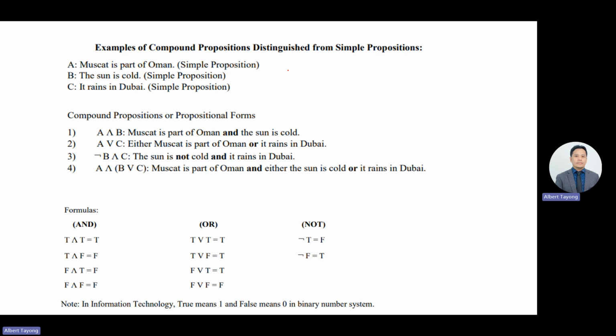So the first three sentences here are simple. Simple propositions mean that they have only one sentence. Okay? We cannot break it down into other sentences. So we use simple propositions to form compound propositions or propositional forms.